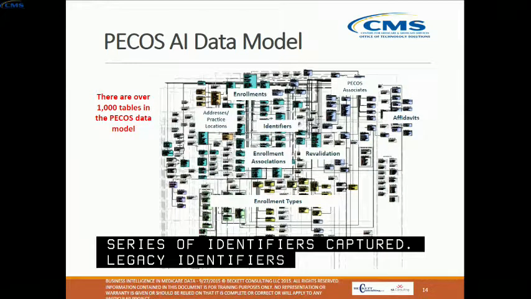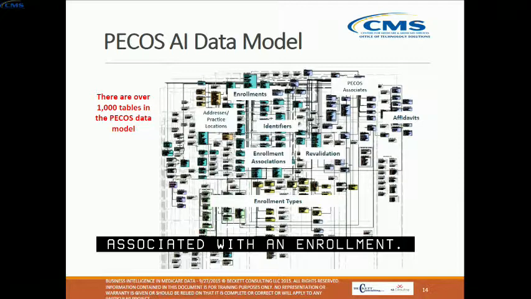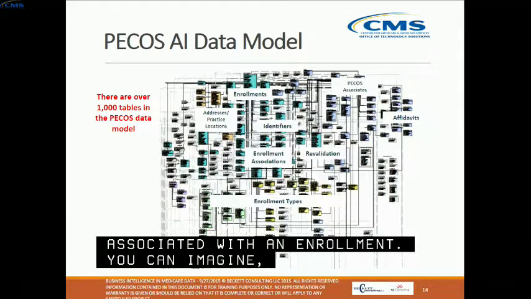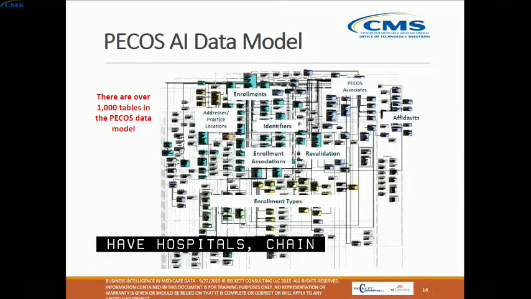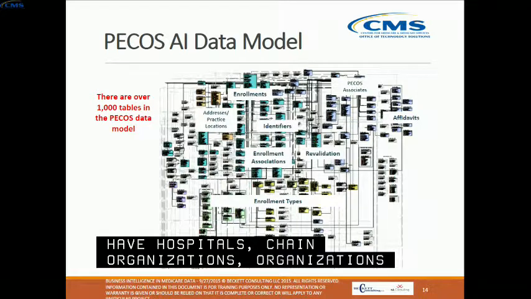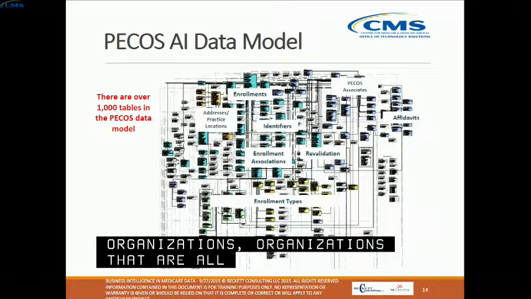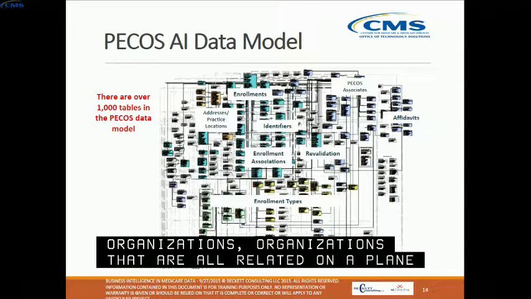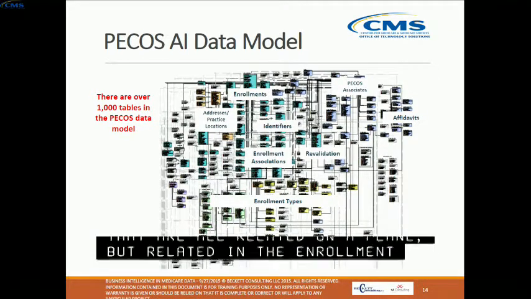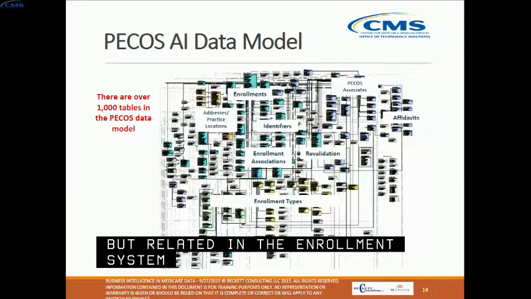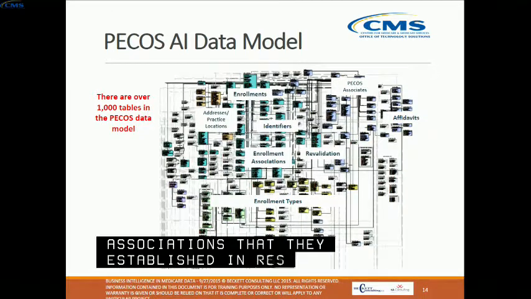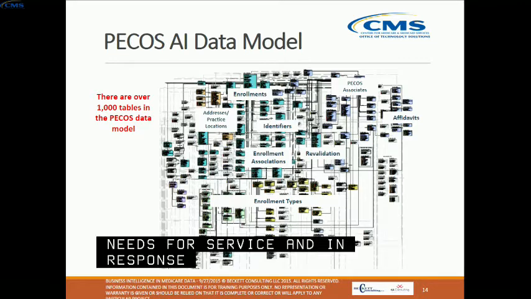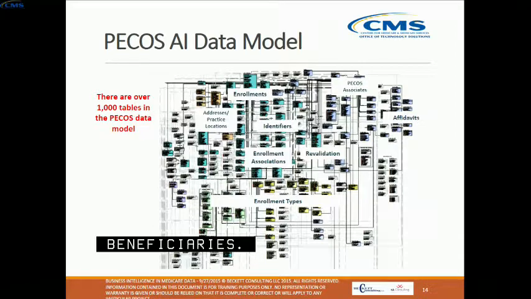So you can imagine you have individual practitioners, you have group practices, you have hospitals, you have chain organizations, you have organizations that own organizations, and all of these are related on a claim, but they're also related in the enrollment system in the various business associations that they established in response to the needs for service and in response to the needs of the beneficiaries and how they best want to organize to deliver the services for the Medicare program.